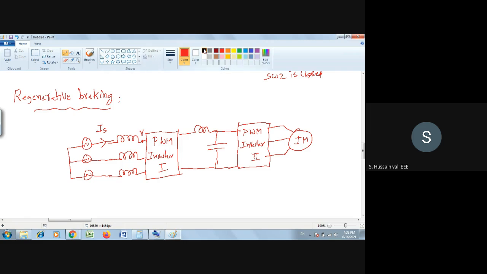Then I will tell you about this extra part which you got here. It has a name. You can call that SLC, in the sense synchronous link converter.